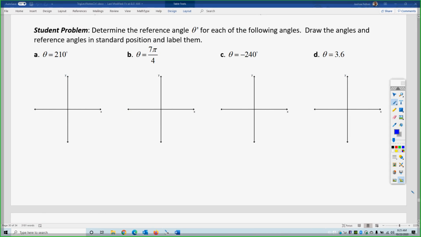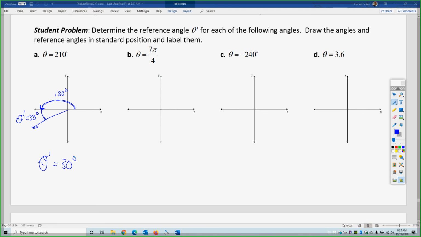If you have 210 degrees, that's a little more than 180, correct? So I have an angle down here, so I went 180 degrees from here to here, and then I went to 210, which is another reference angle of 30 degrees. So our answer for reference angle is 30 degrees. Alright, 7 pi over 4.